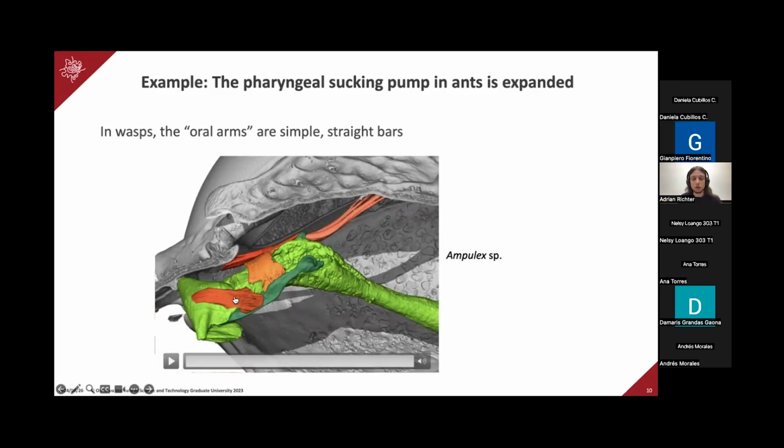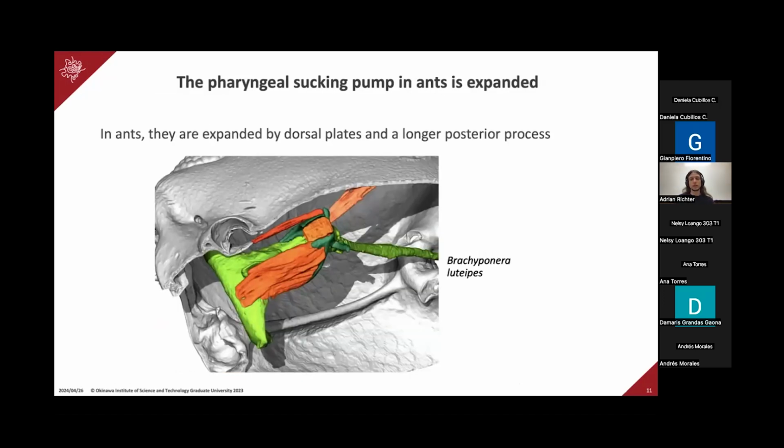So there's this longitudinal muscle that connects from the oral arm to the front of the sucking pump. Then there's this transverse muscle that connects the oral arms on the two sides. And then there's a back muscle and a front muscle going to this posterior process of the oral arm.